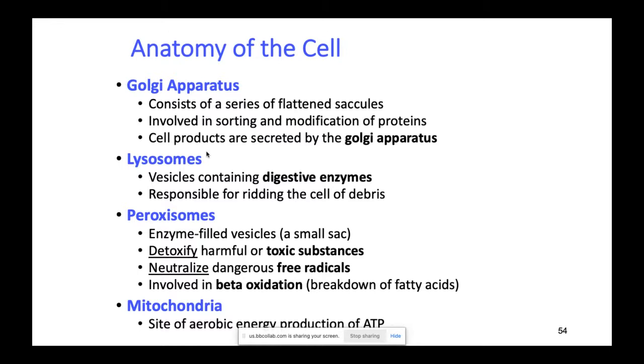Sometimes it produces a protein that needs to be utilized to regenerate and repair damaged proteins in the cell membrane. Okay, and sometimes the Golgi apparatus creates lysosomes. And lysosomes are vesicles that contain digestive enzymes, and they are responsible for helping to rid and clear out any cellular debris.